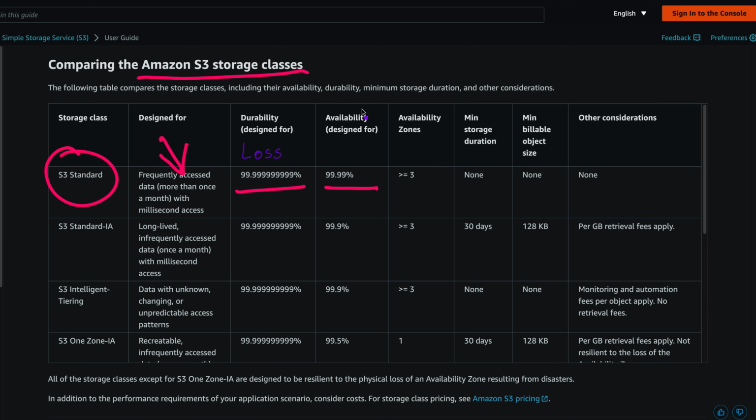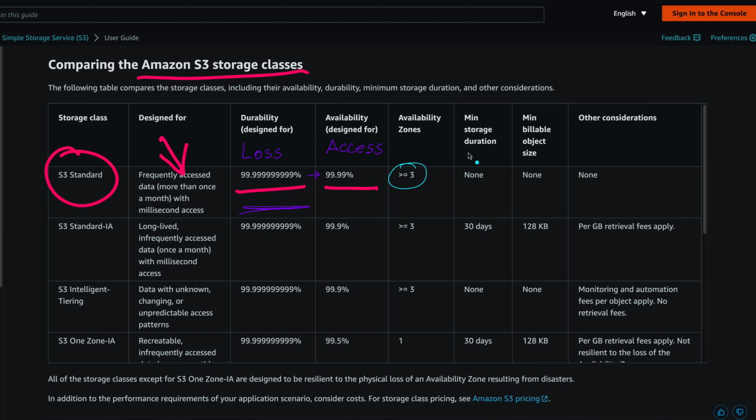Basically what this means is that throughout a year, you may have a few minutes due to upgrades or different network issues that AWS may experience that you may not have access to your objects temporarily, but the objects themselves are still very safely stored because of that durability level.